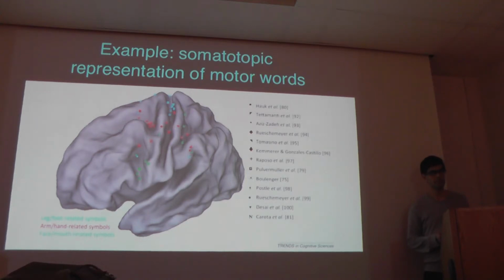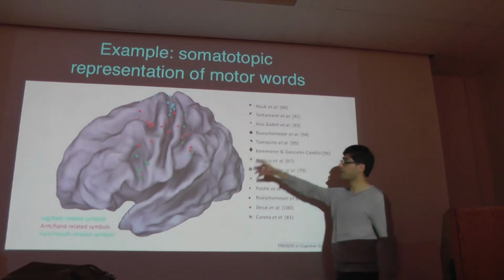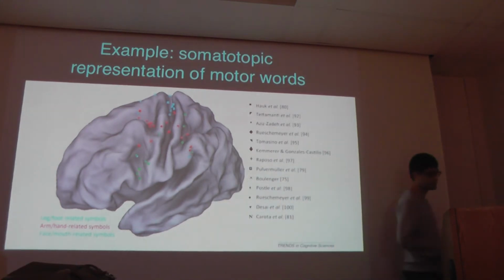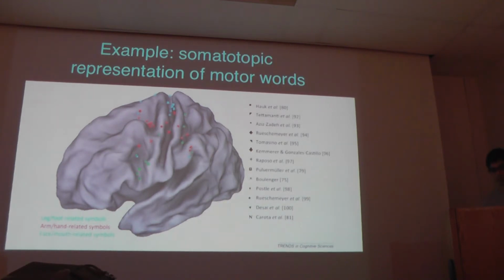How does this study extend, two things: how does it extend to abstract concepts? And do patients with damage to some of these areas lose knowledge of what these concepts are?